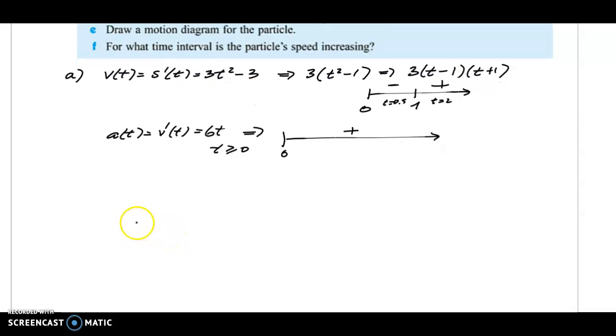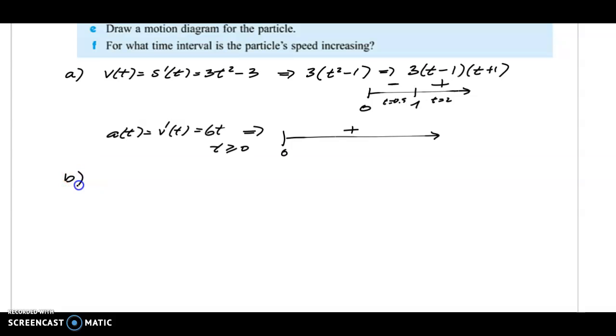And the sign diagram. So for B, what you want is the initial conditions, and hence describe the motion of the particle. So just test using the given formula. So s of 0 is equal to, so that's the initial, t equals 0. So this is going to be 0 cubed minus 3 times 0 plus 1.